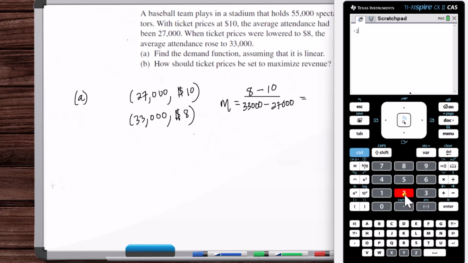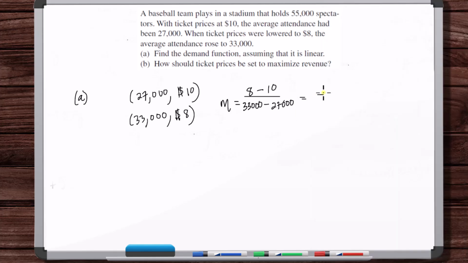So minus 2 divided by 33,000 minus 27,000, which is minus 1 over 3,000. And it makes sense that the slope is negative, because if you increase the number of units sold, that means you're lowering the price. As the X goes up, the price goes down.